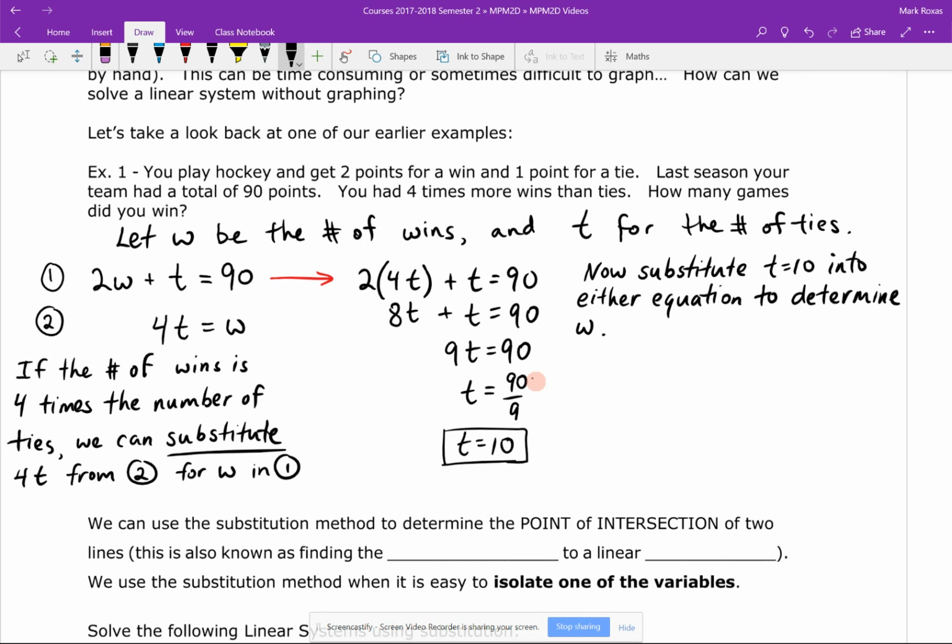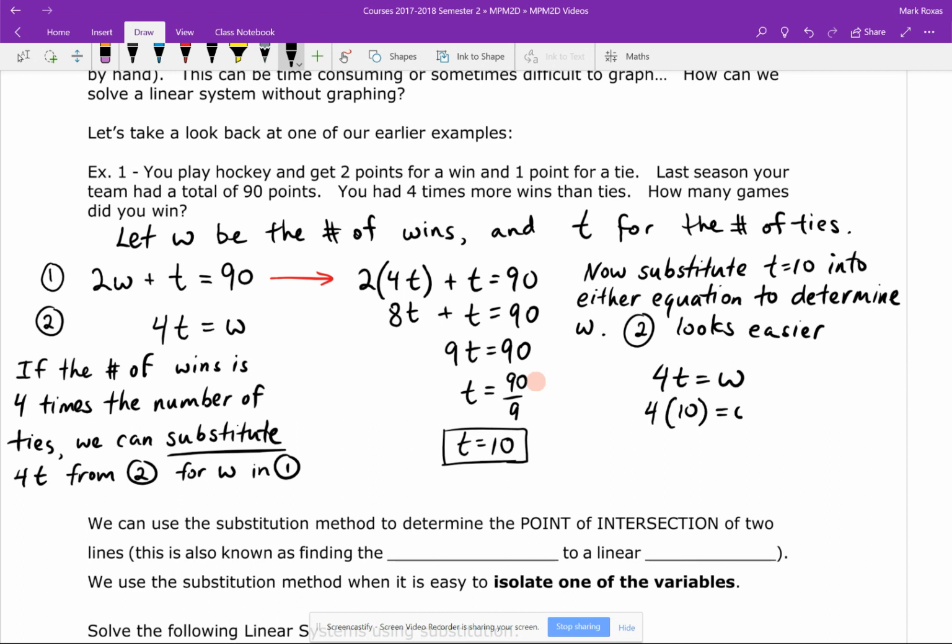Okay, so I'll use equation 2. So 2 looks easier because it's just one single step until you find w. So 4t equals w. If t equals 10, make that substitution.